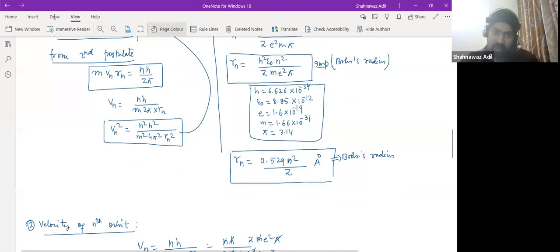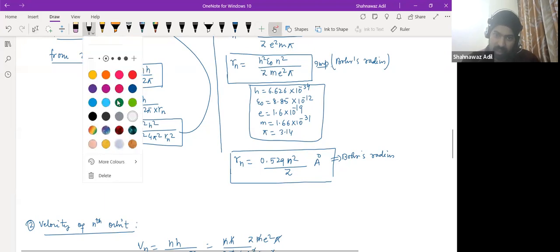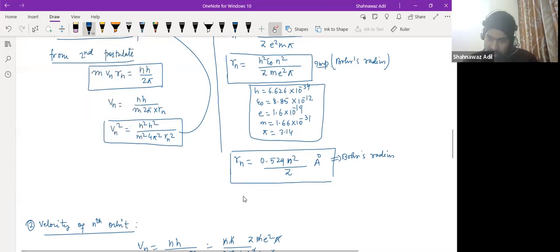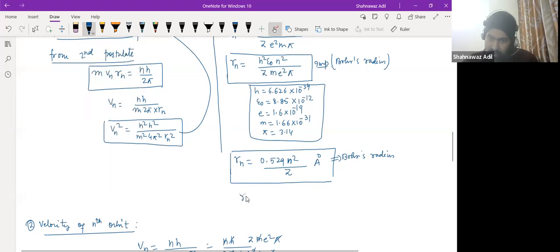So that would be 0.529, and n is 1 square, right?